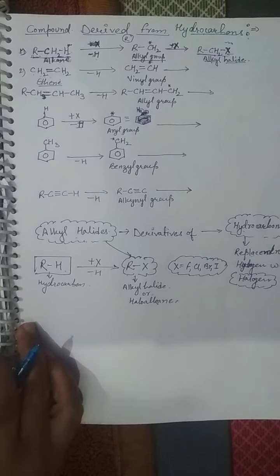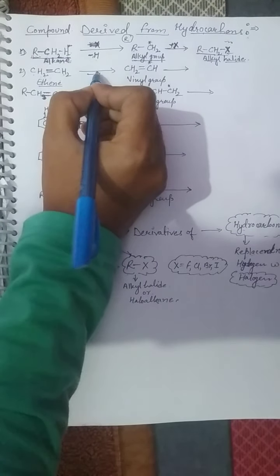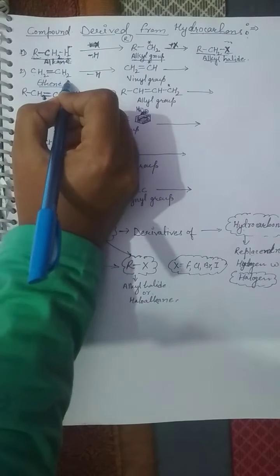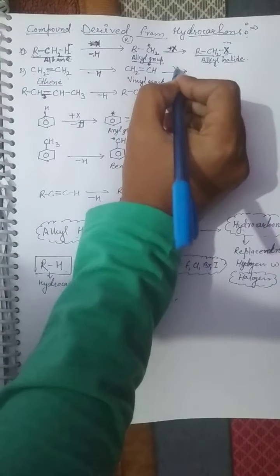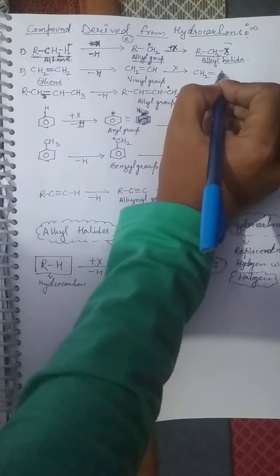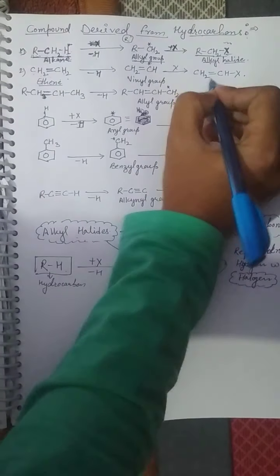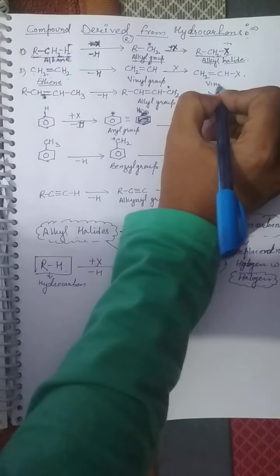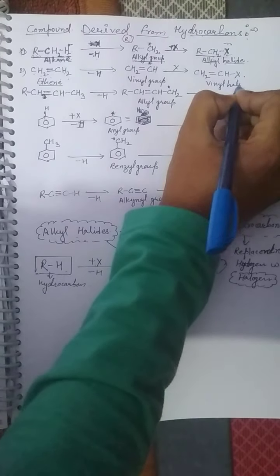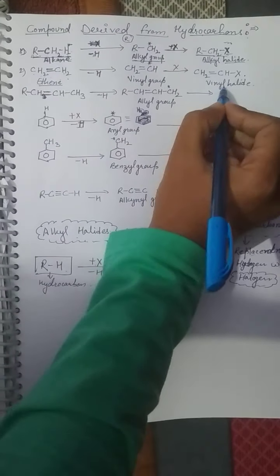If we replace the H atom of the ethene with the halogen, it leads to the formation of CH2 double bond CHX. This compound is now called vinyl halide, and it is also an example of an alkyl halide. It is called vinyl halide because this group is commonly called the vinyl group.